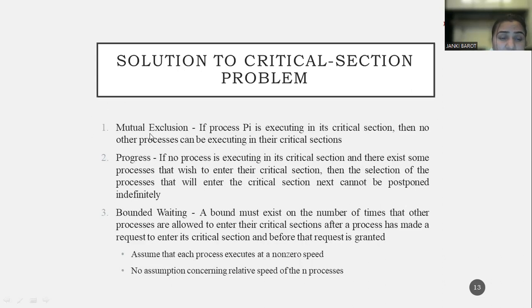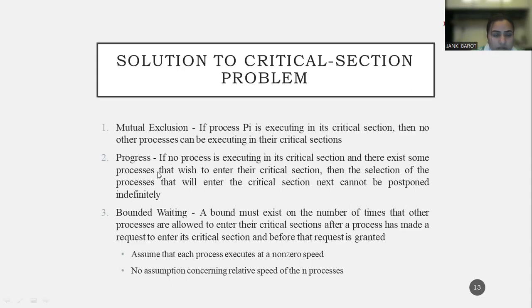This is called mutual exclusion. What is mutual exclusion? If any process is executing in its critical section, no other process will be executed in their critical section, which is called mutual exclusion.